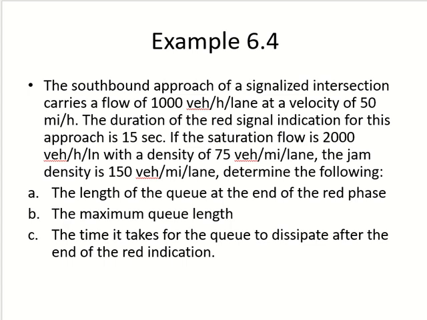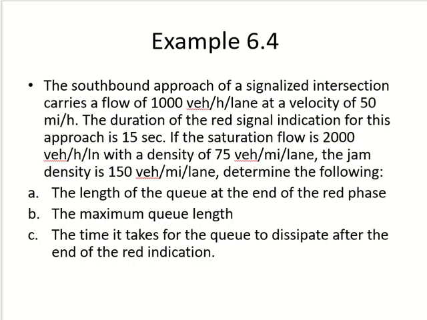With a density of 75 per mile per lane, the jam density is also given, which is twice the density at saturation flow. We have to find the following: length of the queue at the end of the red phase, maximum length of the queue, and the time it takes to clear the queue. Clear or not?